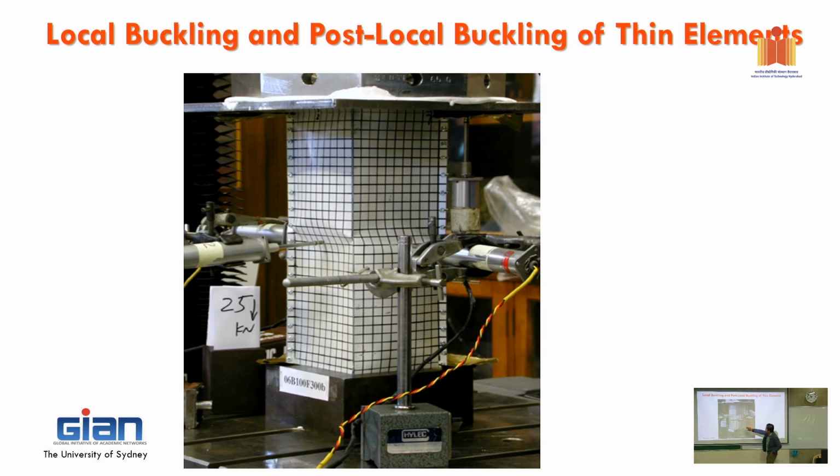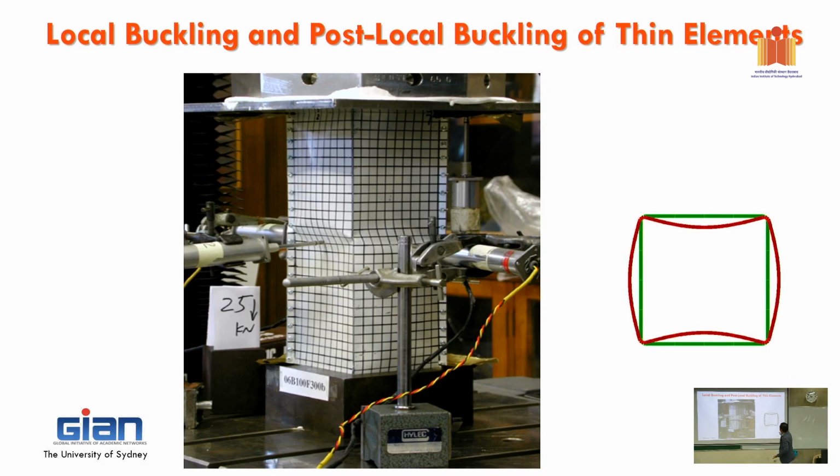This is a test of a box column, a short column, in our lab at Sydney University. Because it's short, when you press it, it buckles in local buckling. When you look at the cross section, you can see that it buckles in and out.